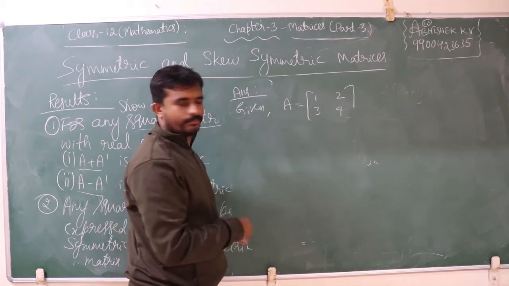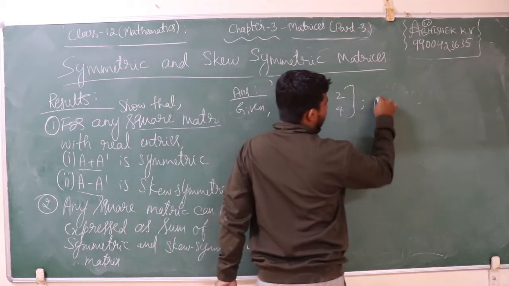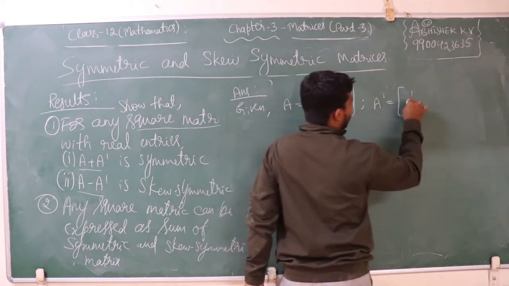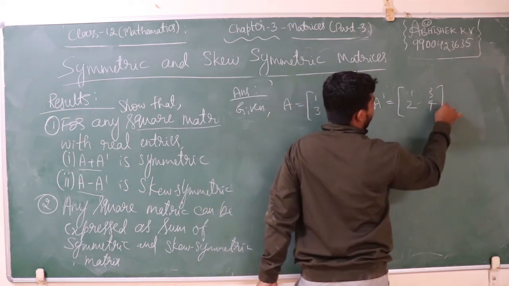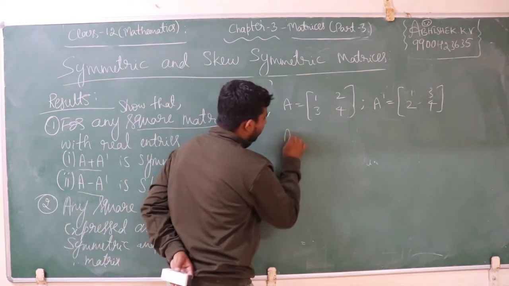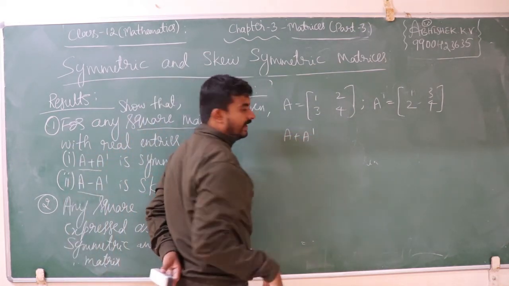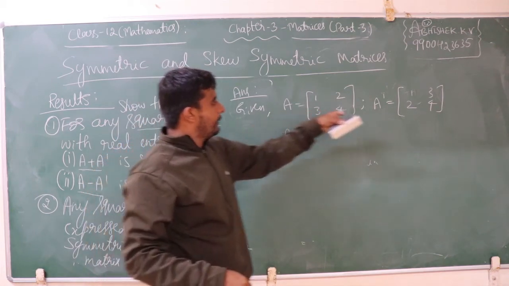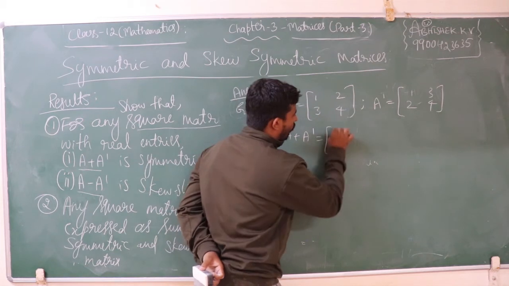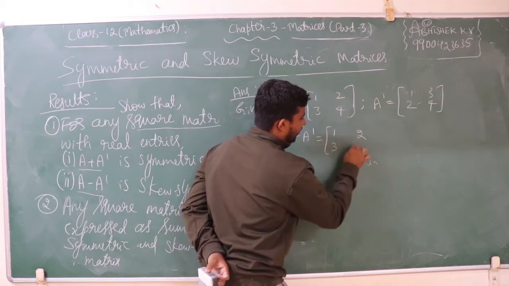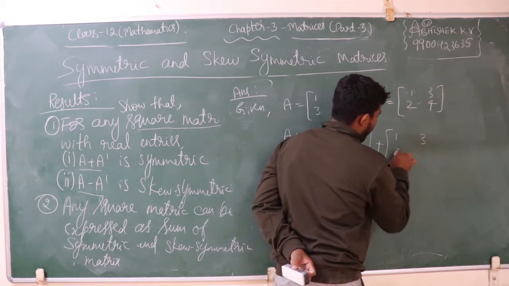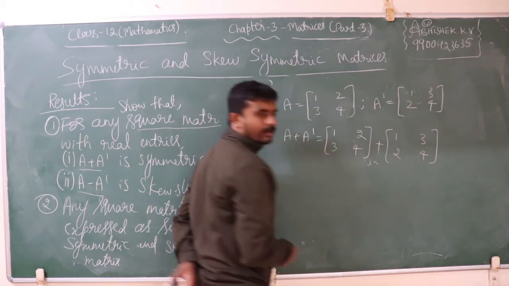Given A, what is A transpose? Changing rows to columns, that is 1, 2, 3, 4. What is A plus A transpose? This is equal to 1, 2, 3, 4 plus 1, 3, 2, 4.